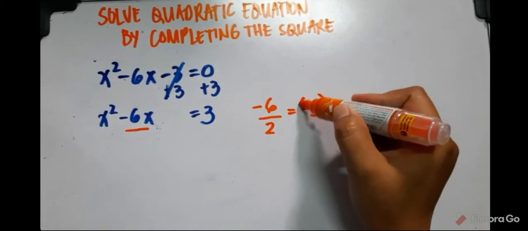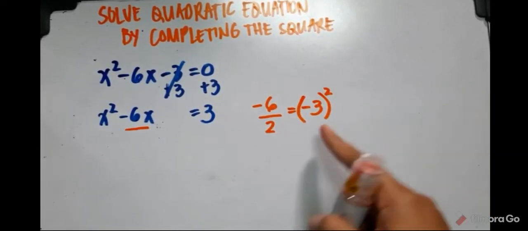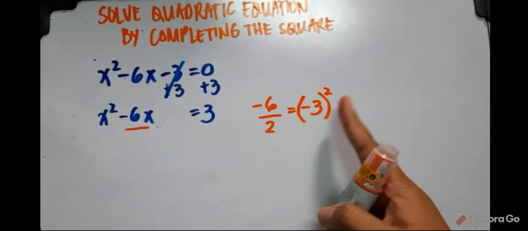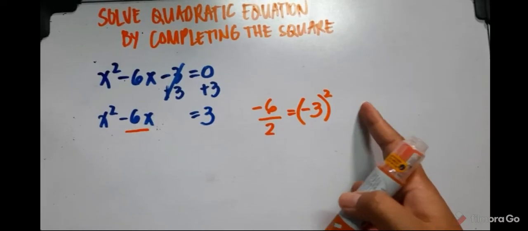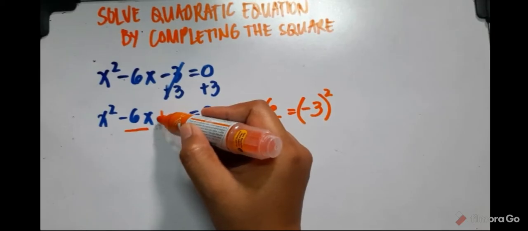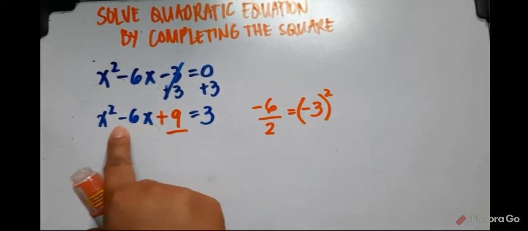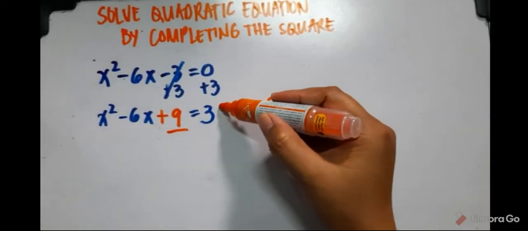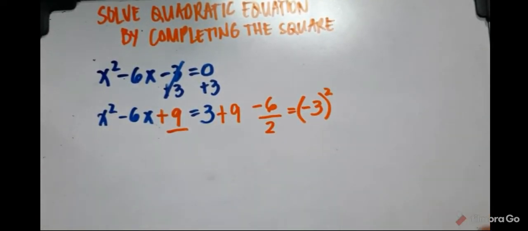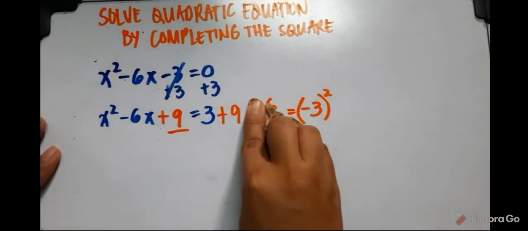Then we will get the square of negative 3, or negative 3 squared, which is equal to positive 9. So we are going to add positive 9 on this left side of the equation, and also to the right side, to make the equation balanced.